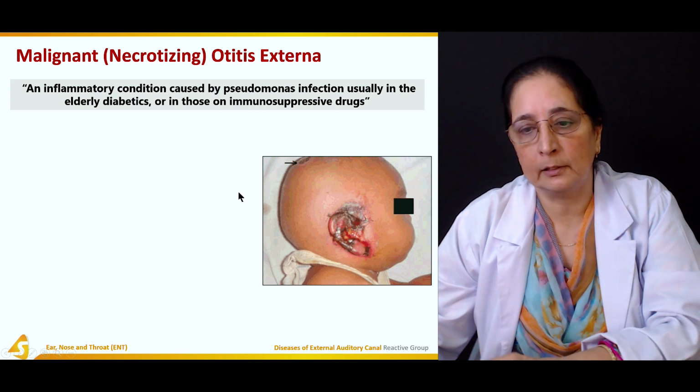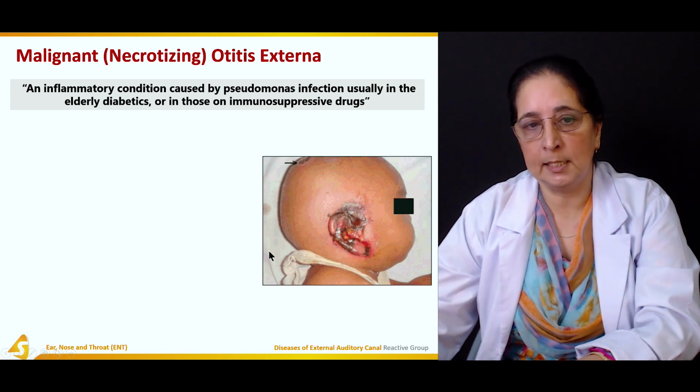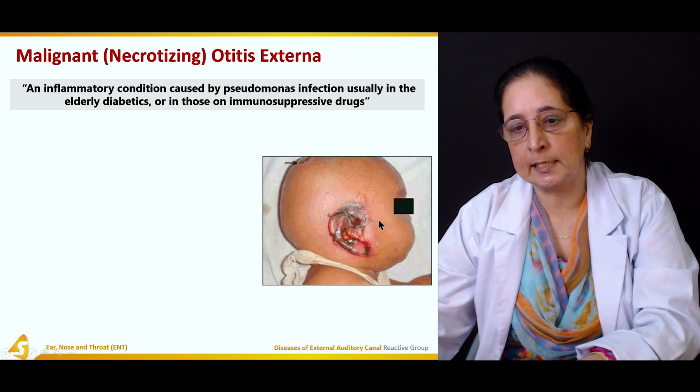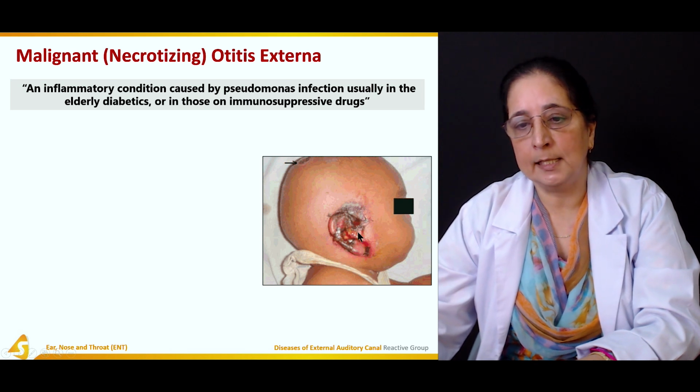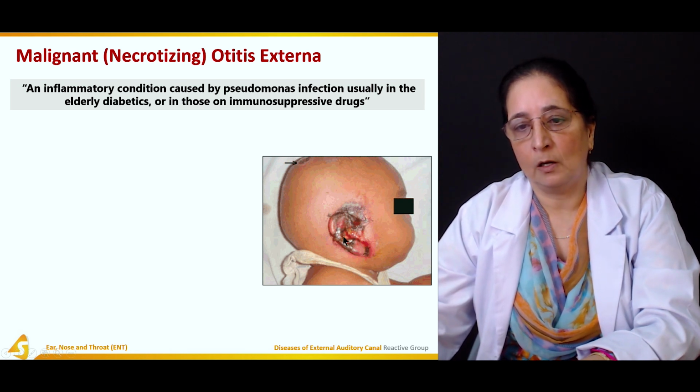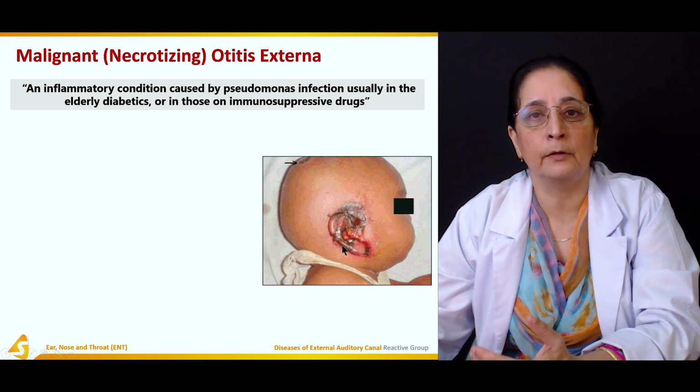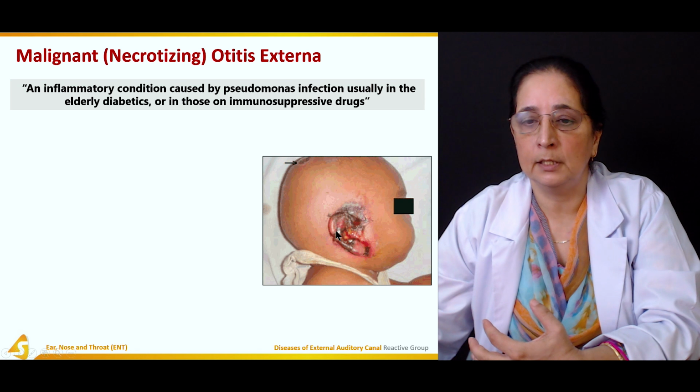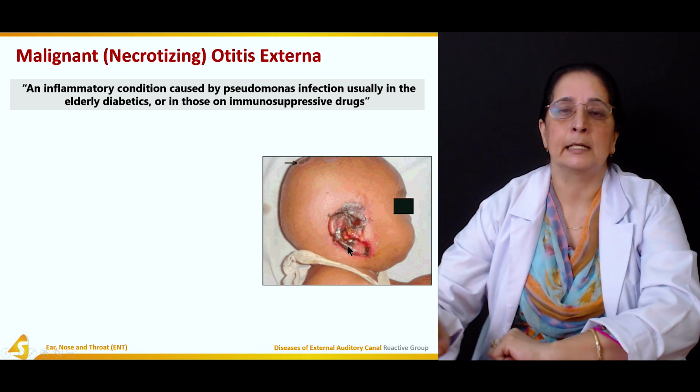Necrosis is the death of the tissues. So you can see it's otitis externa, a very bad condition, and all this blackishness is due to the necrosis of the tissue, or death of the tissue. So this is necrotizing otitis externa.